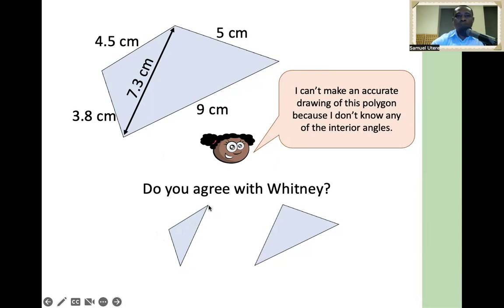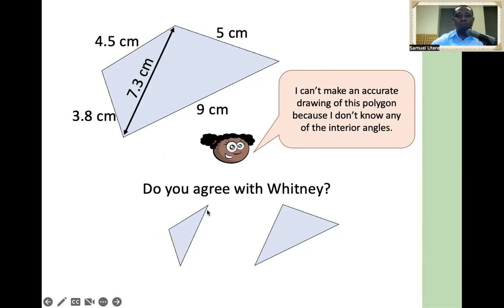Next, we'll open our compass to be 4.5 centimeter. We'll place the compass here and draw an arc which will intersect with the first arc that we drew. Now, the point where they meet, we can simply join that point to the end of the line there and to the end of the line there.